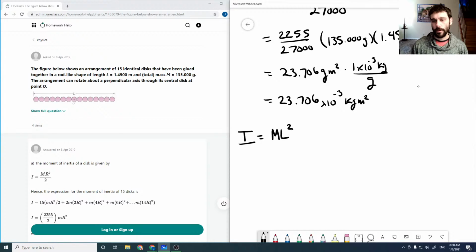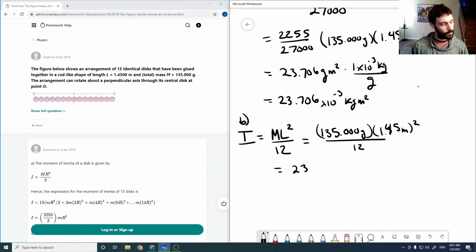So if we had said that the moment of inertia was ml squared over 12, then we would have gotten a moment of inertia of 135 times 1.45 meters squared over 12, which comes out to be 23.653 grams meters squared times 1 times 10 to the minus 3 kilograms per gram, which is 23.653.